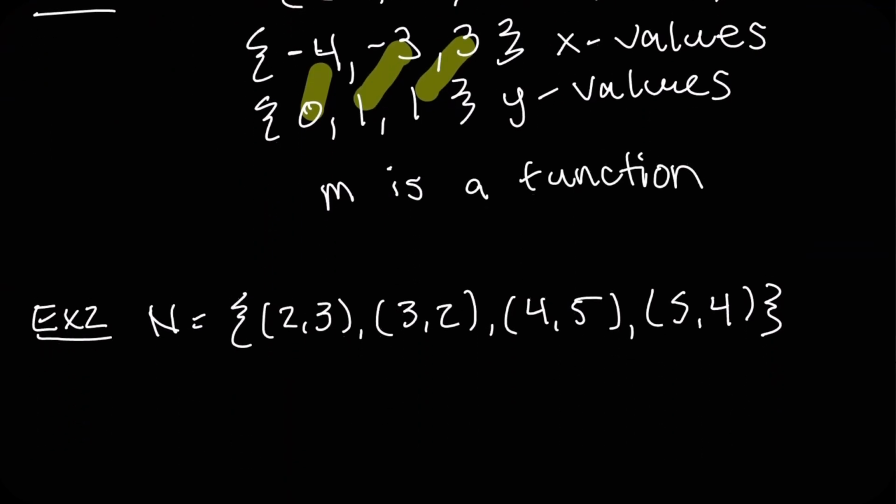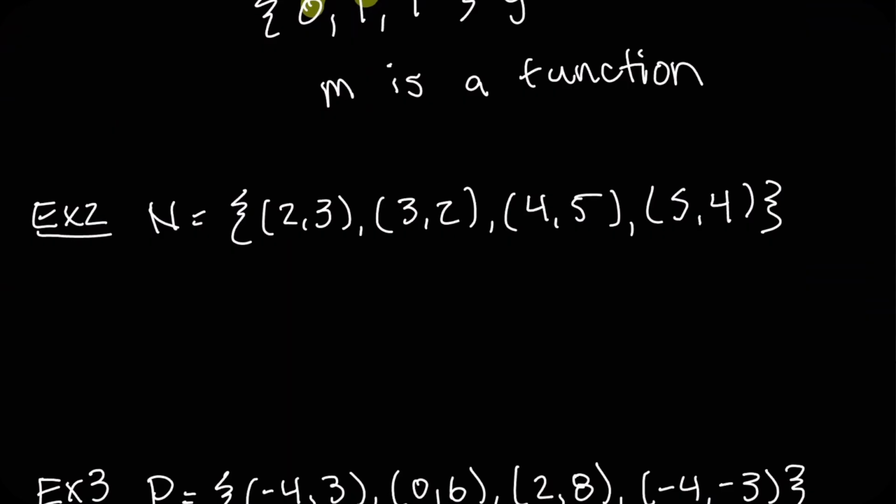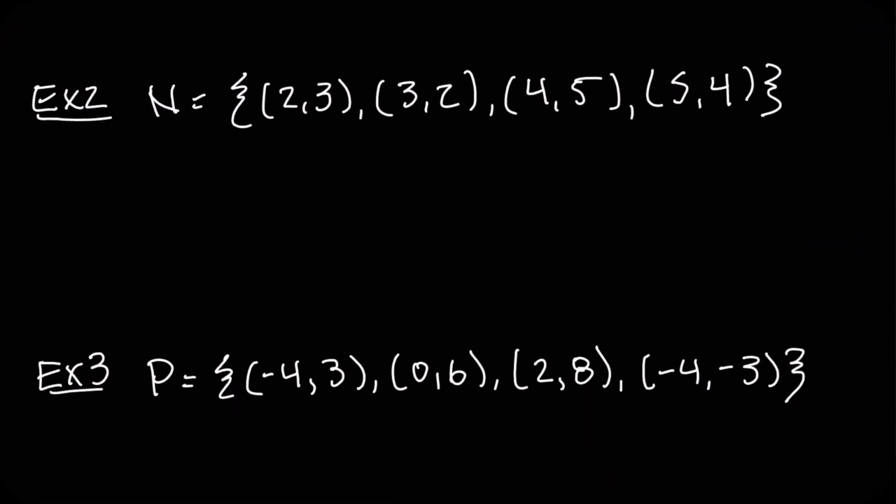Our second example here, we have some more numbers in ordered pairs. So again, let's write out our x and y values. We have a 2, a 3, a 4, and then a 5 for our x values.